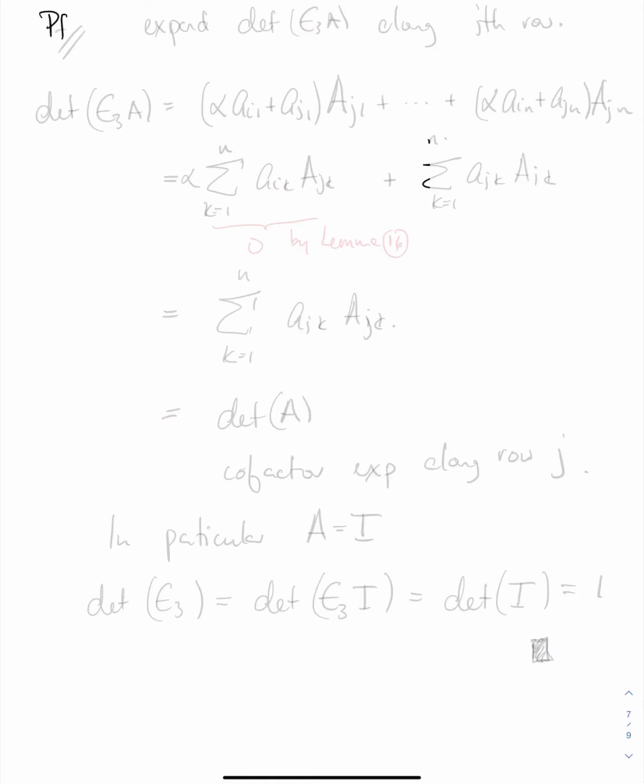Proof. We're going to expand the determinant of E3A along the jth row.